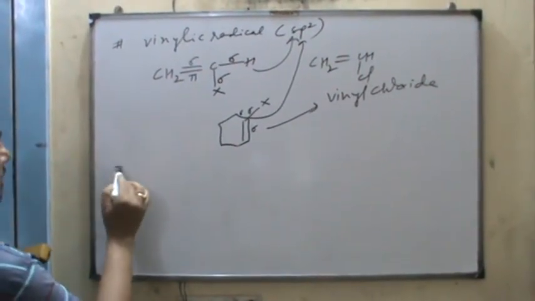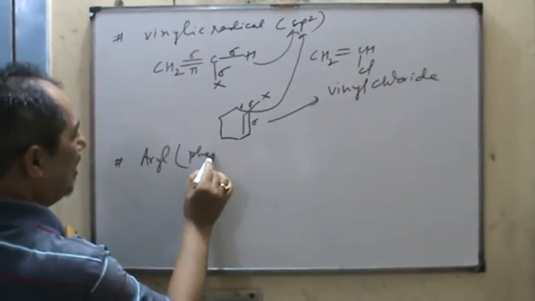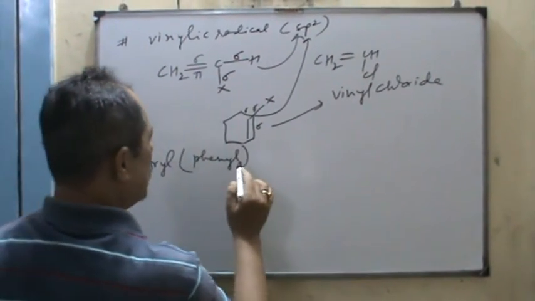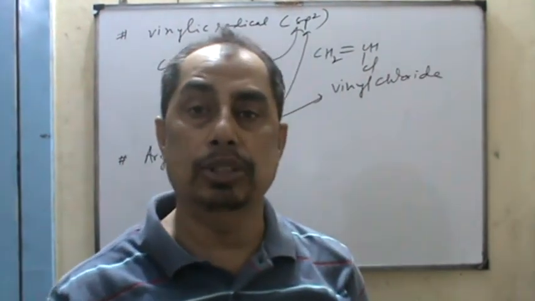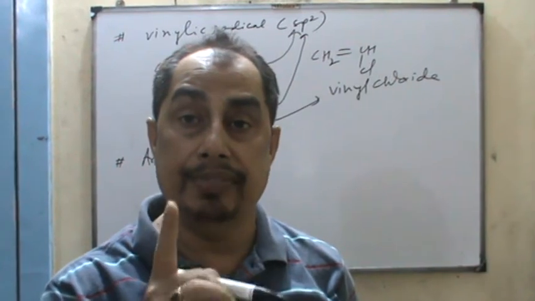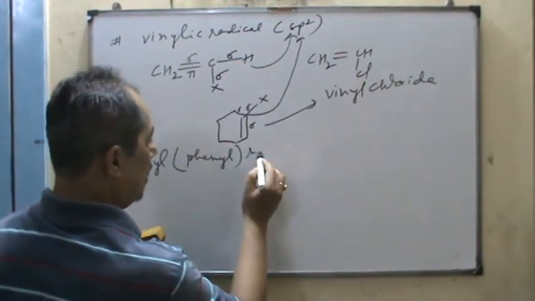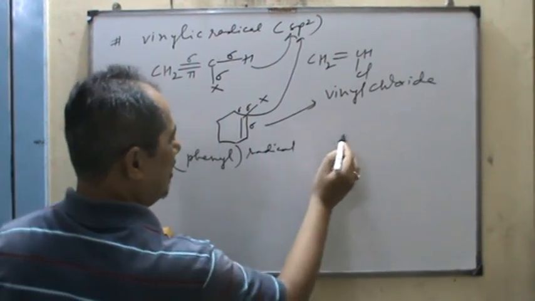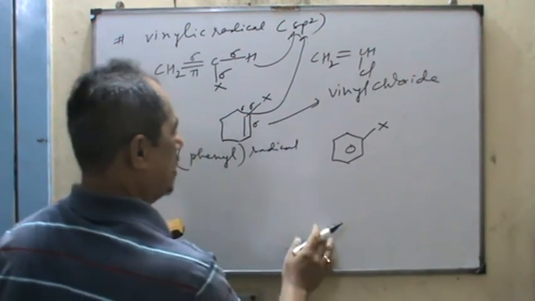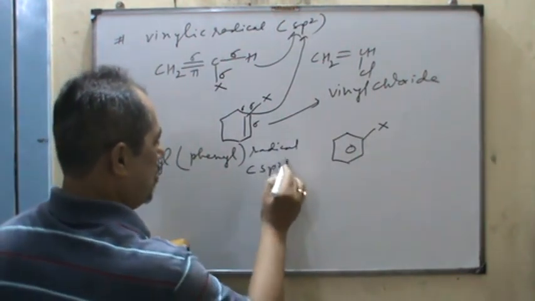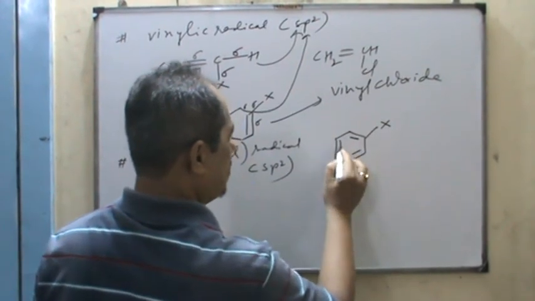Now, last is the aryl or phenyl radical. As I told you earlier, when you replace the hydrogen from benzene, it is not benzyl. Never say benzyl; say phenyl or aryl. So, aryl radical. I say benzene, replace one H and this one. It is sp2 hybridized. Sigma, this circle means alternate pi bonds in benzene.